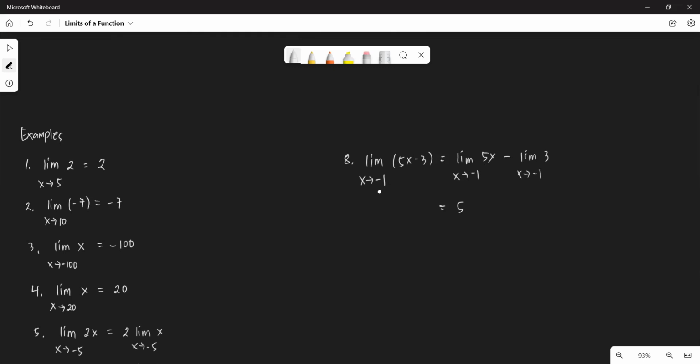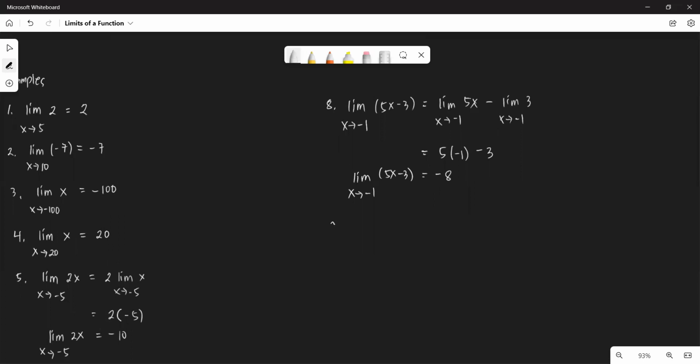So we'll put the value right away. Again, limit of x as x approaches -1 is -1, right? And then minus the limit of the constant, which is the constant itself using property number 1. So minus 3, so we have -5 minus 3, or that's -8. So the limit of 5x minus 3 as x approaches -1 is -8.